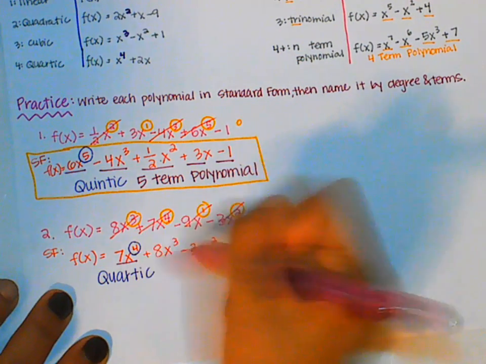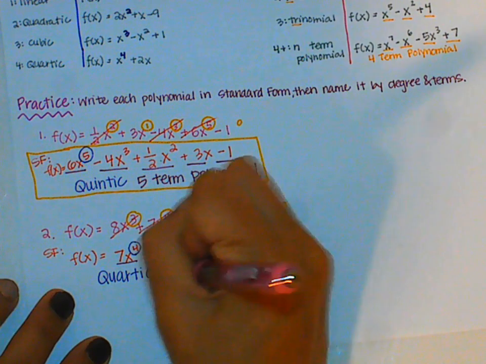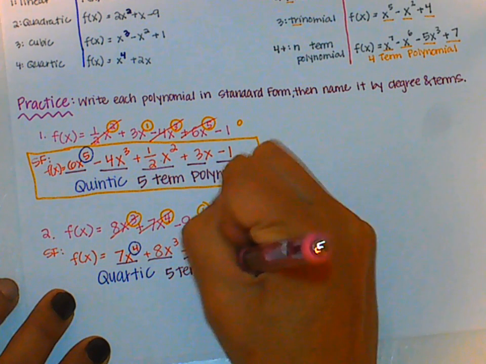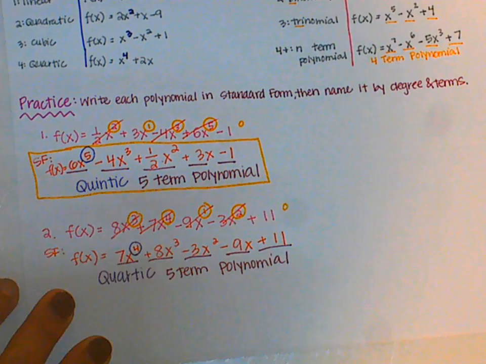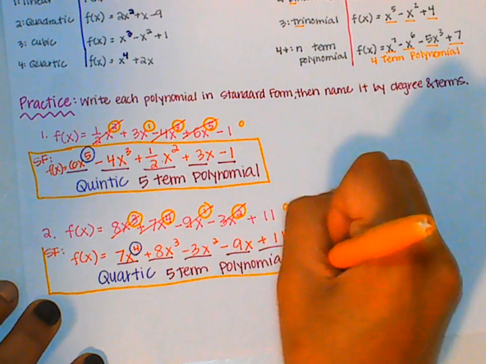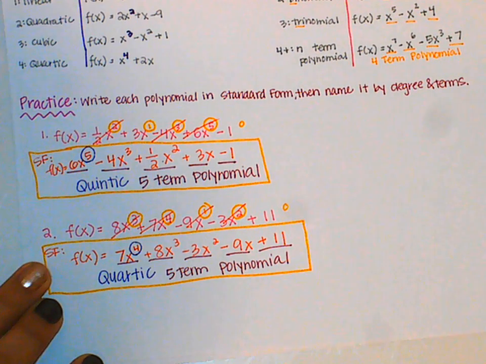I have 1, 2, 3, 4, 5 again. So it's a quartic 5-term polynomial. And that's it.